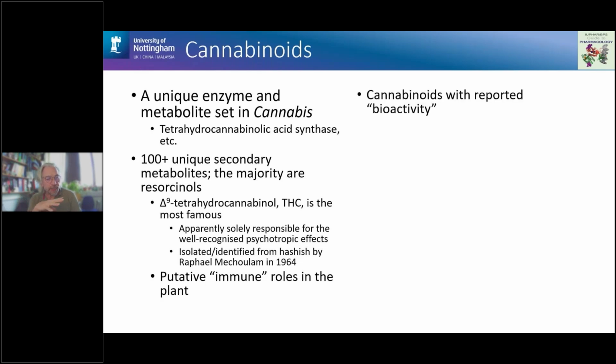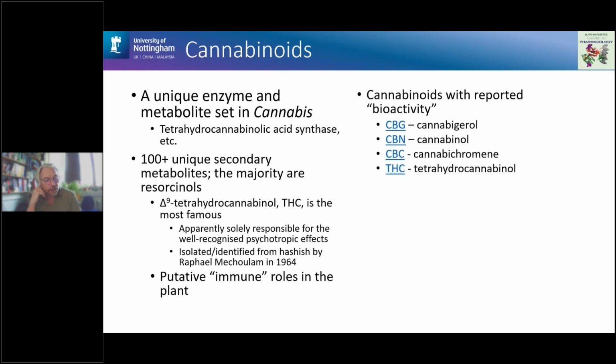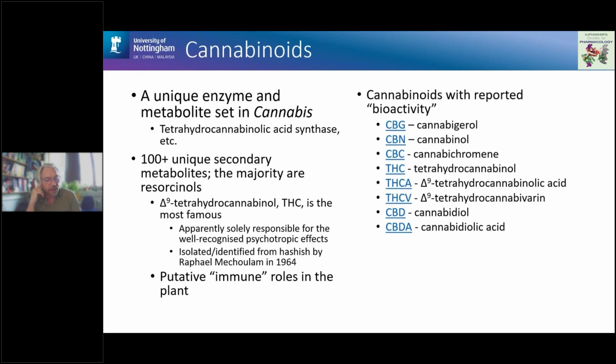The proliferation of those metabolites and our ability to look at them has identified that we've got huge numbers of bioactive elements, and many of them cluster together in similarities. So the way I've described these here, you'll see that THC, THCA, and THCV are related to each other. CBD, CBDA, and CBDV are related to each other.